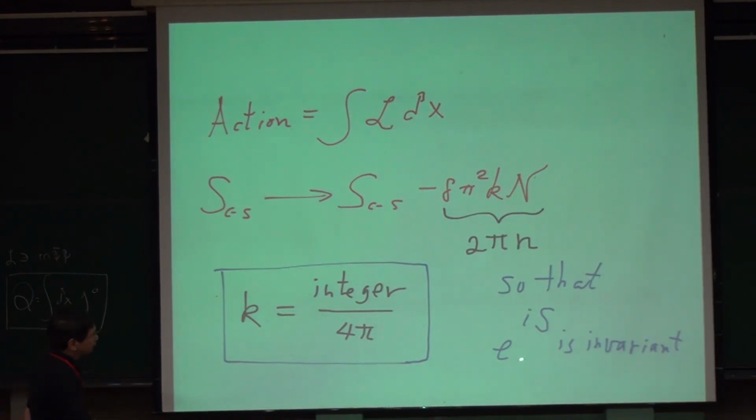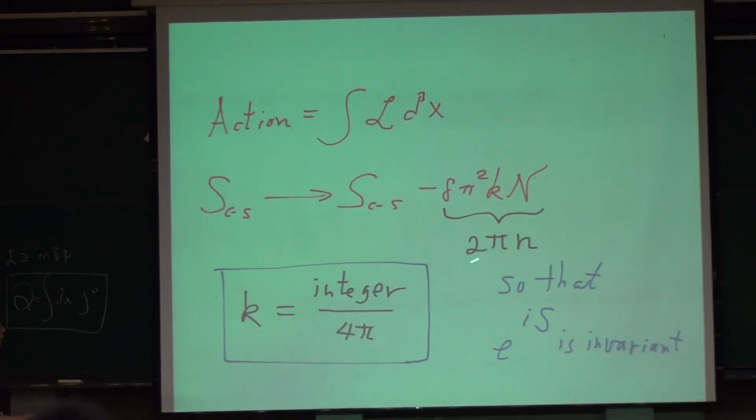Now we know that in quantum physics, what is important is not S, but e to the iS. Of course, if I put in h bar, it will be i over h bar S. So even though S is not invariant, as long as e to the iS is invariant, it's okay. So if this extra part is 2 pi n, then e to the i 2 pi n is equal to 1.